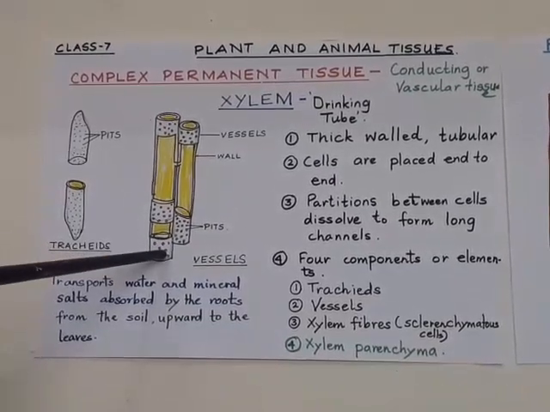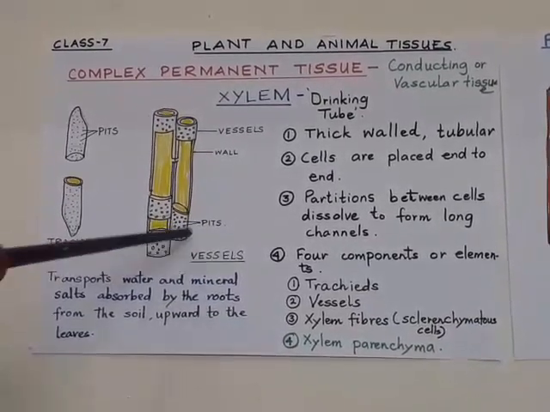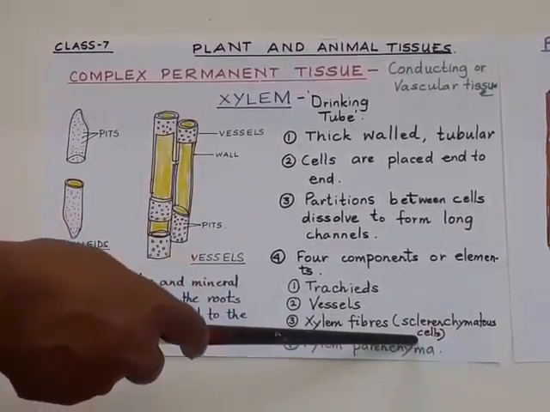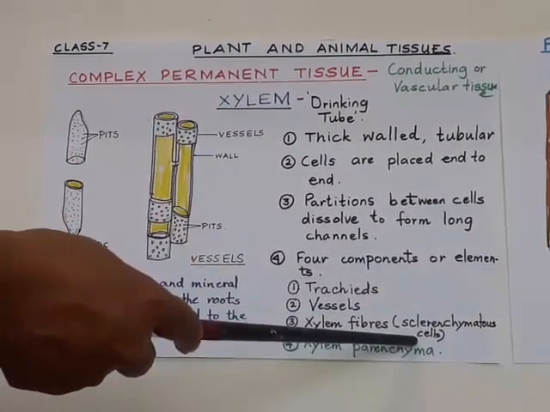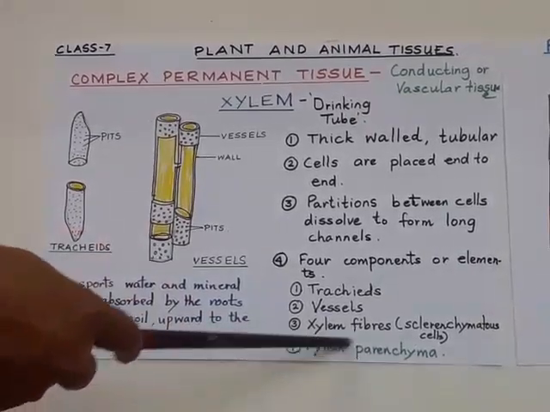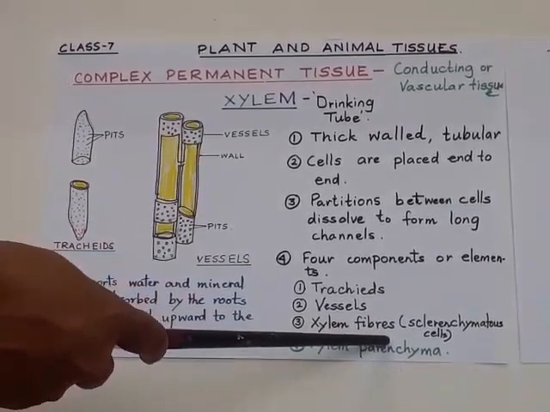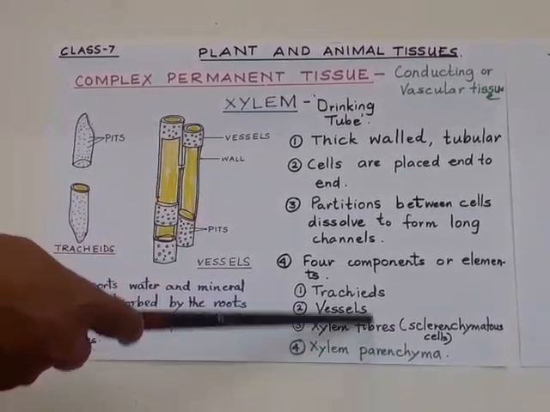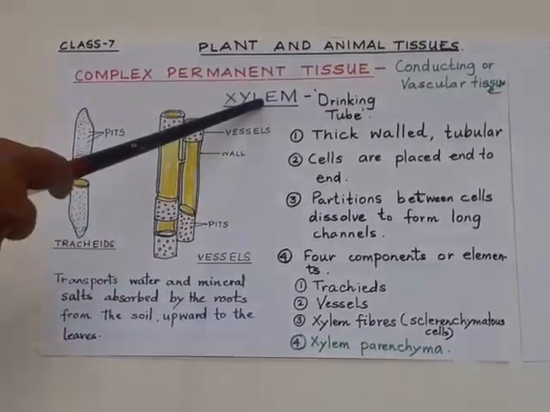The second one is vessels. Then there are xylem fibers, which are made up of sclerenchymatous cells, and xylem parenchyma. We have already learnt about sclerenchyma and parenchyma, so these two are also present in the xylem.